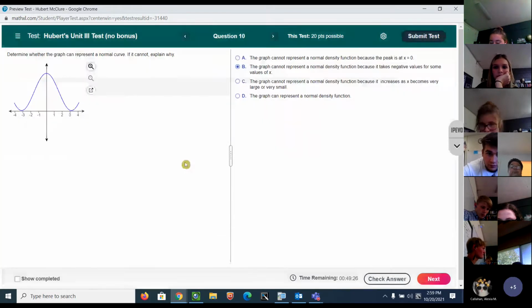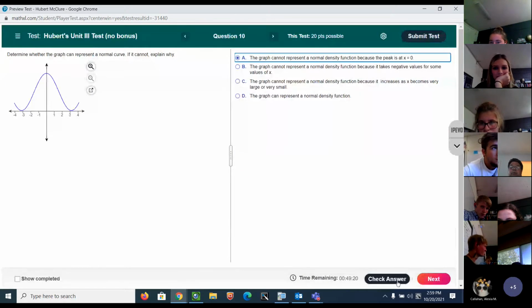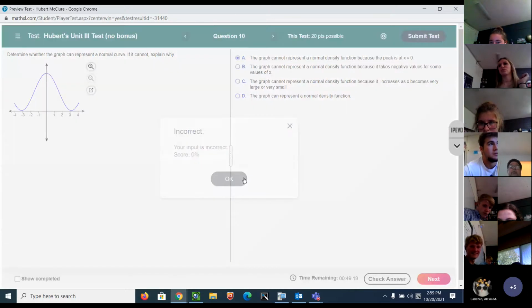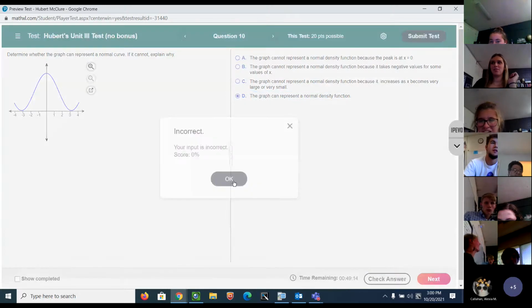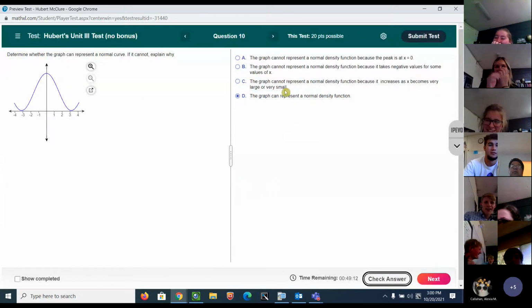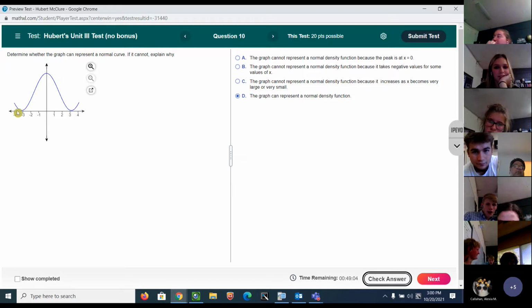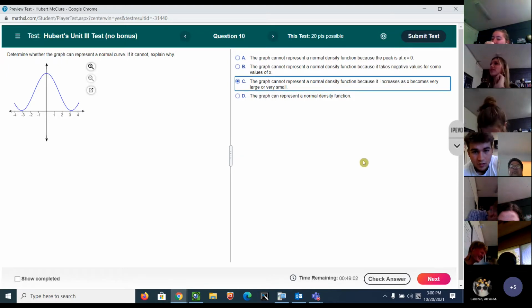Check answer. Nope. Okay, 0. So it is a normal. I was right. Nope, I suck. The graph cannot represent a normal curve because it increases as x becomes very large. Okay, down here. I didn't think the tails were right. Okay, that's not a very good question, but that's the answer.